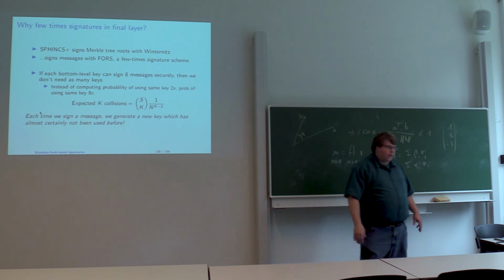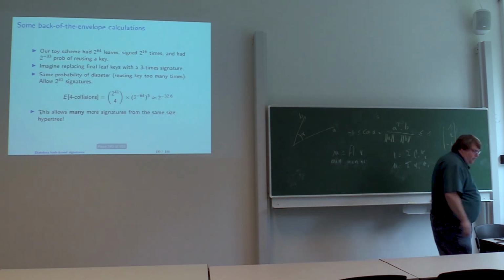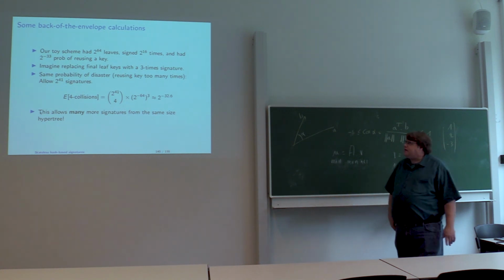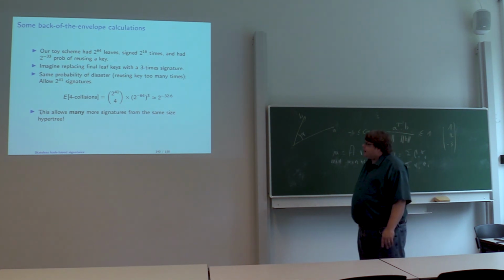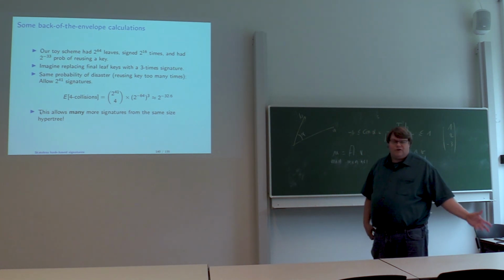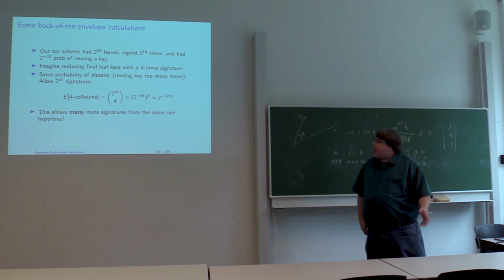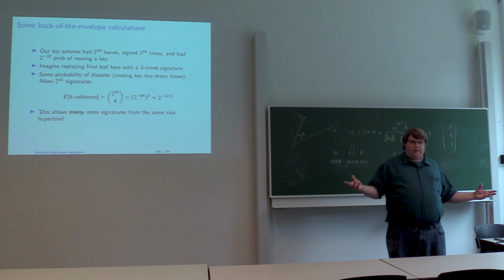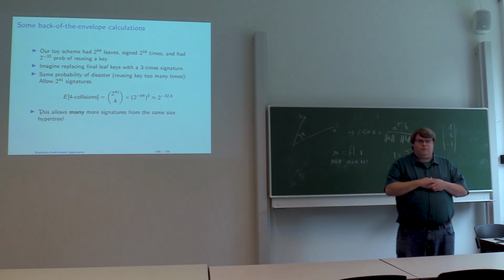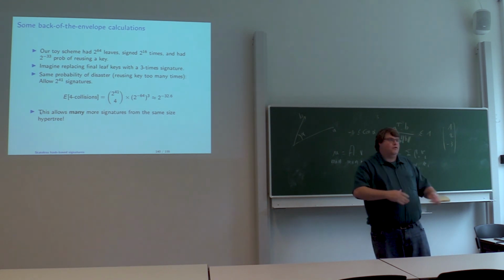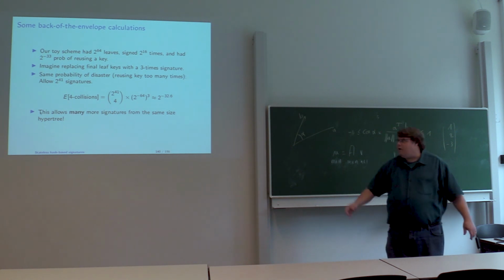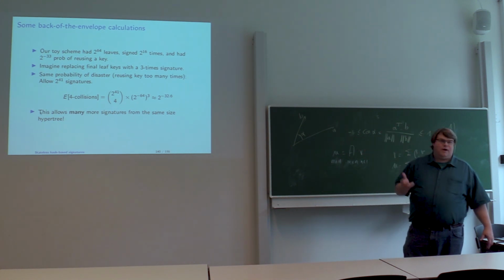And if it's like 8, then the numbers look nicer. Okay, so as an example, let's suppose we've got a scheme that can survive 3 signatures. You can sign 3 times with it, but if you sign a 4th time, then it's a disaster. Let's imagine we do this on our toy scheme, with 2 to the 64 leaves, but now the leaves are all these few-time signatures that can survive 3 signatures but not 4.